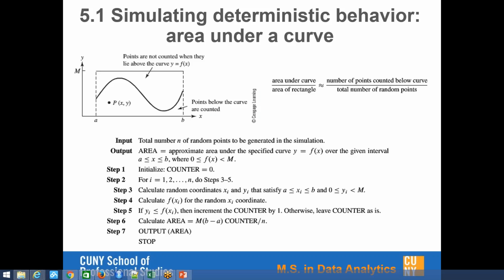If yi is less than or equal to f(xi), then increment the counter by 1. Otherwise, leave the counter as is. Then calculate the area, m times (b minus a) times counter divided by n, would be the area itself. And then you can output the area.